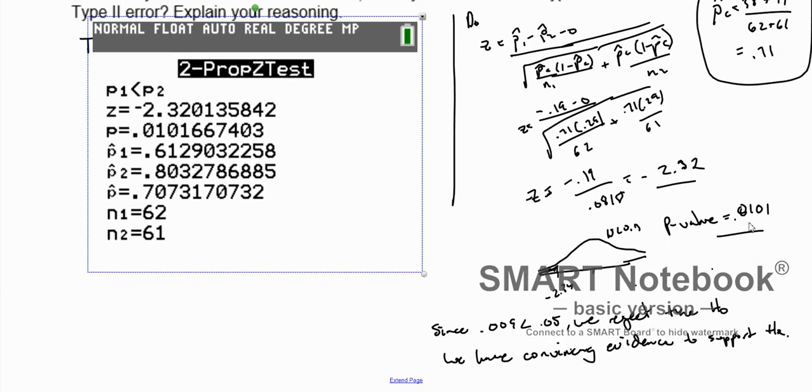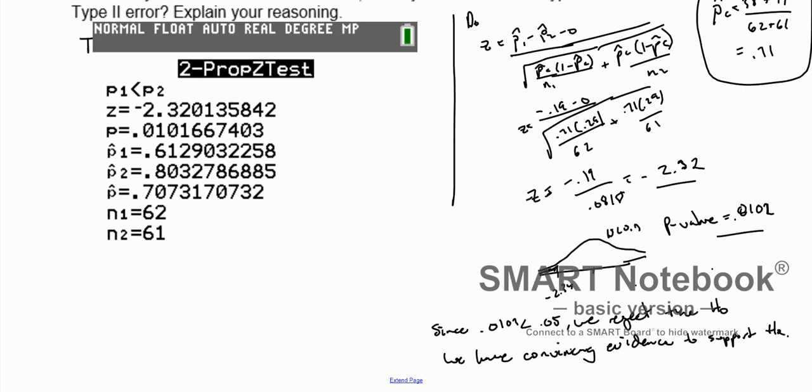We can see our p-value is 0.01. In any case, we got the same conclusion because our p-value is less than 0.05. So we still reject the null because we do have convincing evidence to support the alternative hypothesis.